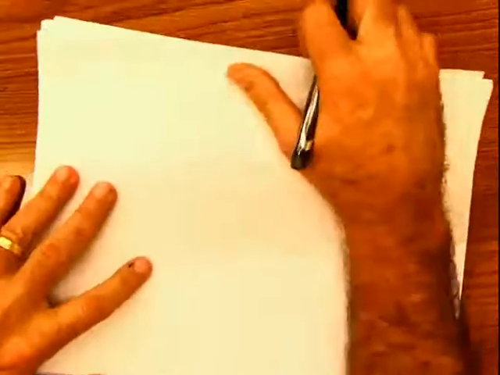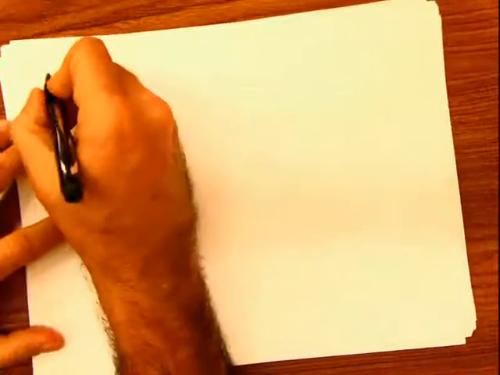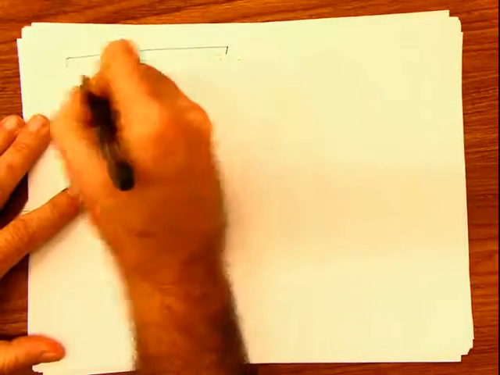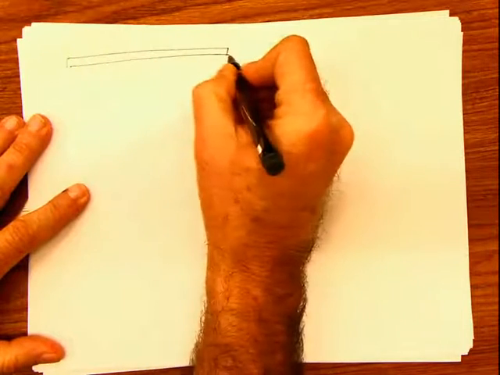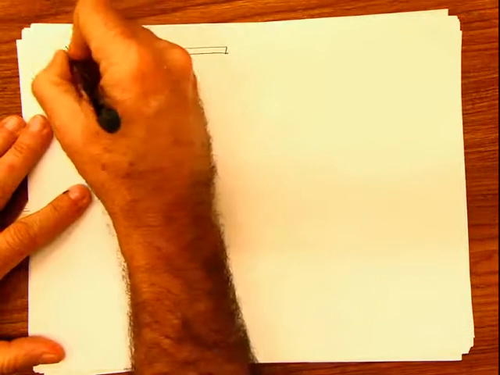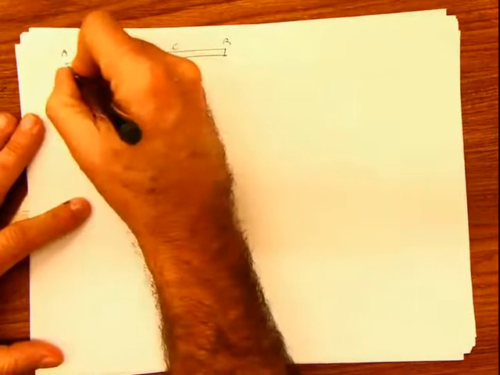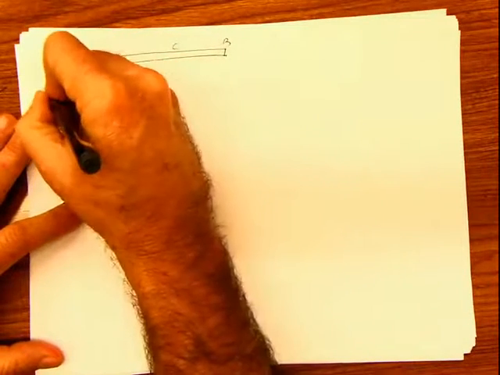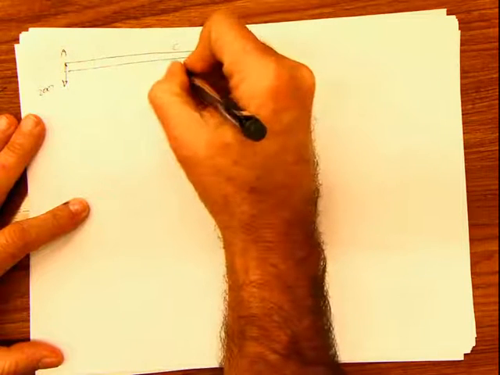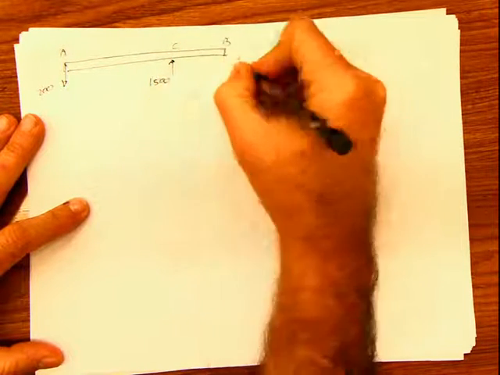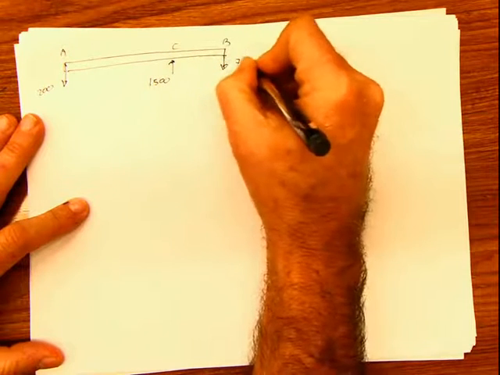So let's do that. I'm going to copy once again the original problem. This is the beam A, C, B, and in this beam you have the 200 load here, and we calculated the reaction of 1500 and a reaction of 700.